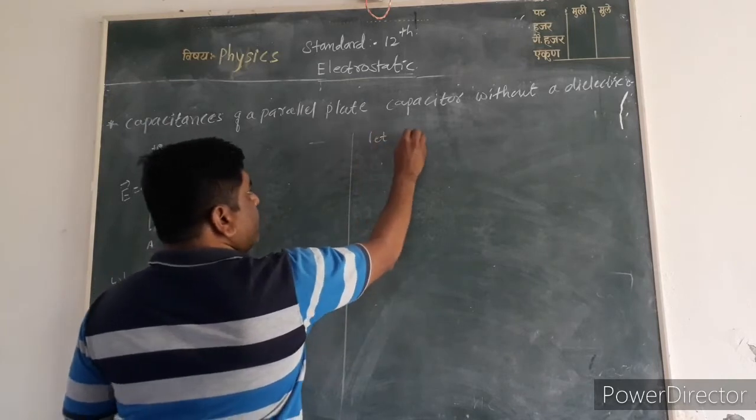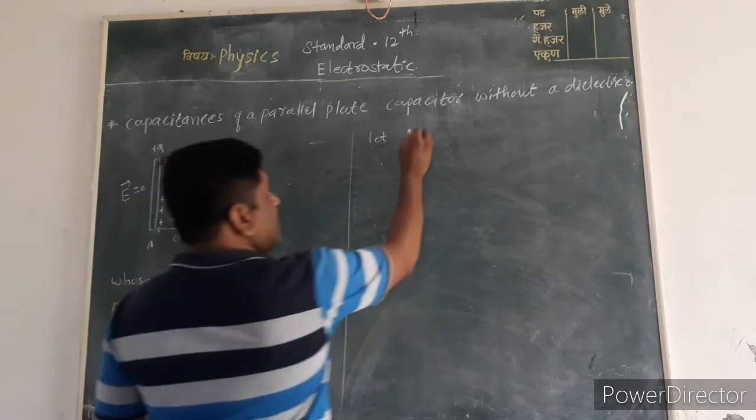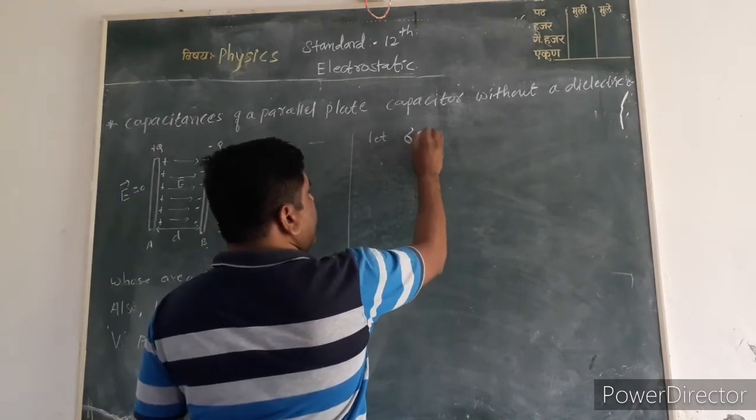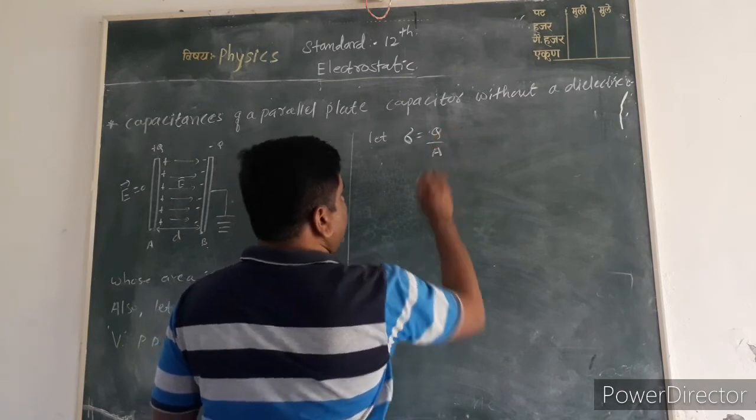Let sigma be the surface charge density, which is given by charge upon area.